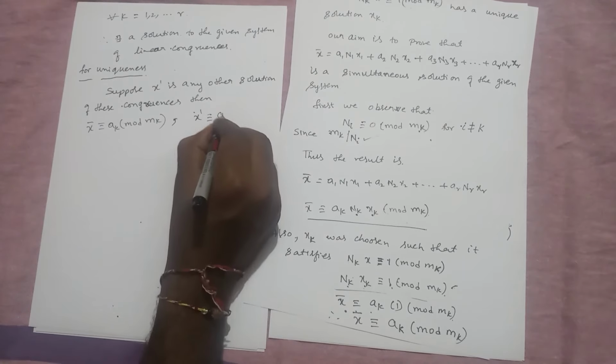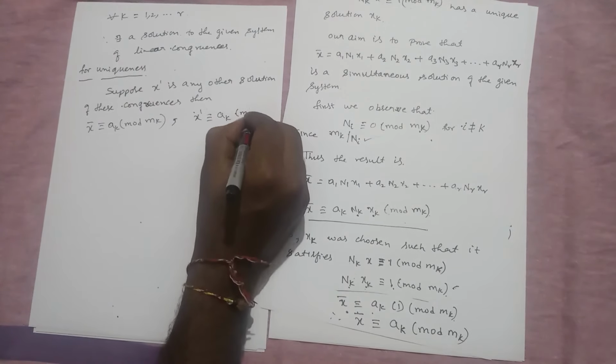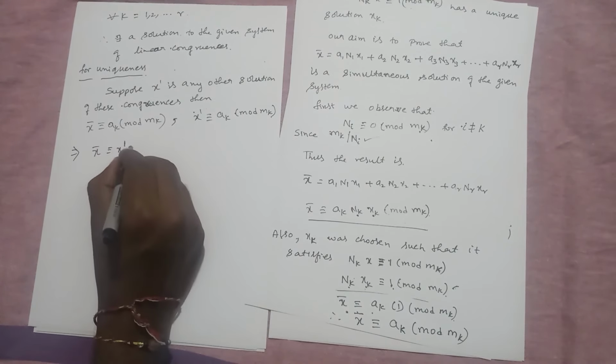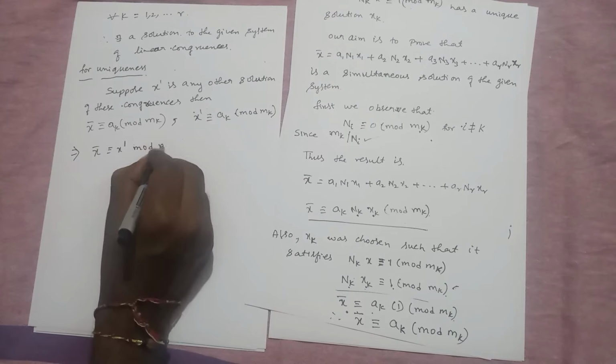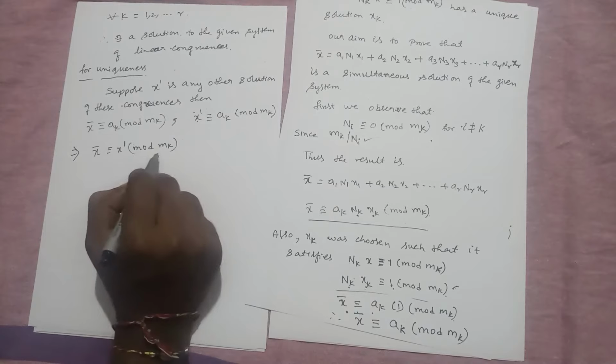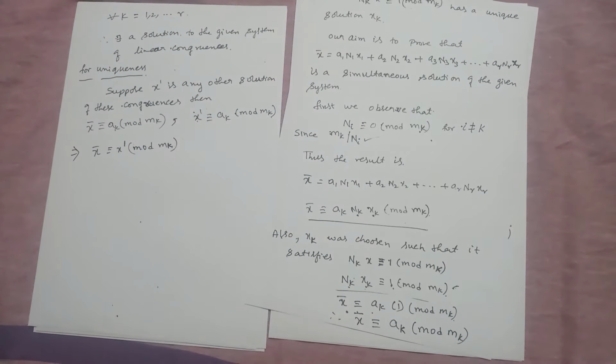So instead of x bar I am taking x dash is congruent to ak mod mk. So this implies that x bar is congruent to x dash mod mk, or you can write x dash is congruent to x bar mod mk. Both are the same, no problem in that.